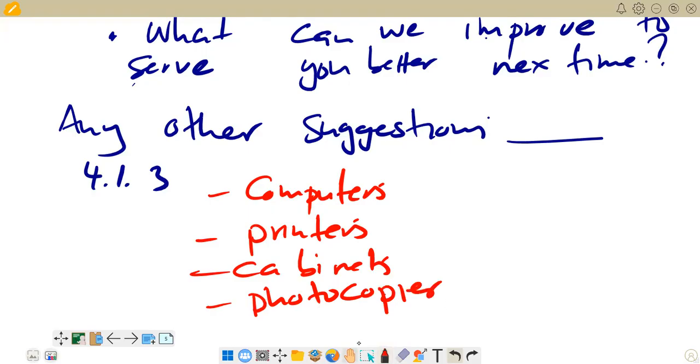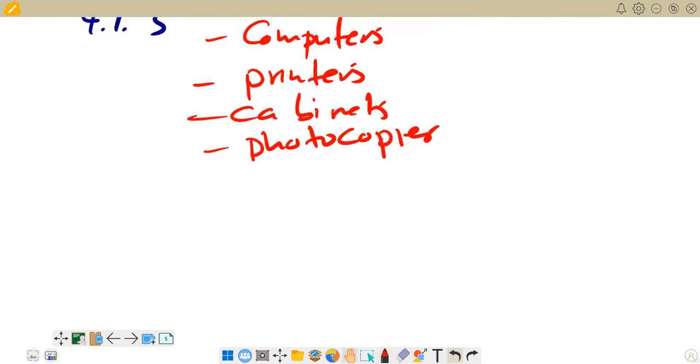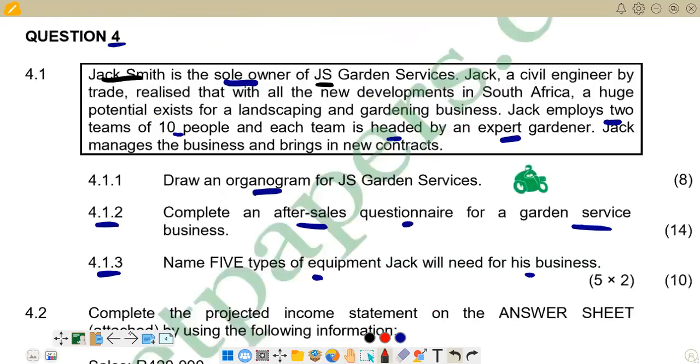They are asking for 5, and then lastly, obviously, we can need some chairs. Remember, it's a business. 1, 2, 3, 4, 5. So we've got 5 there, and any other that can be correct can also be marked. So this is what we have in terms of 4.1.3.